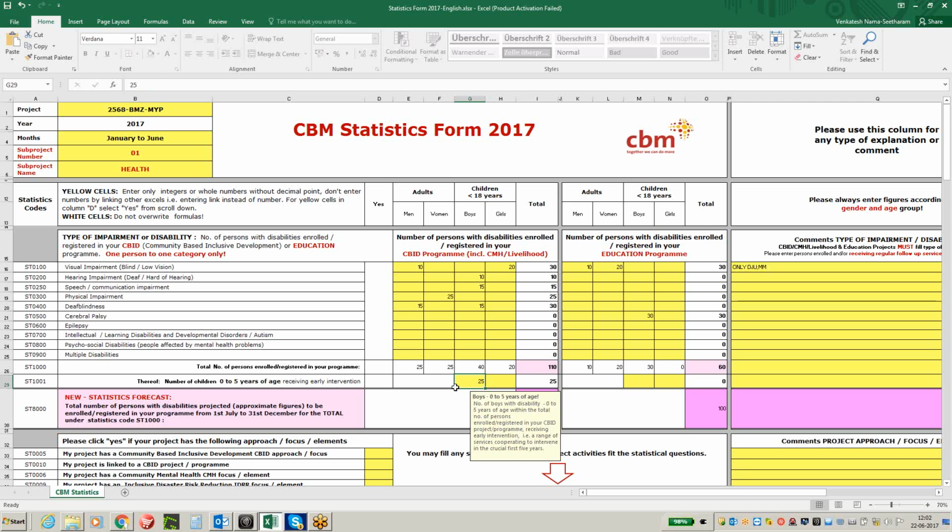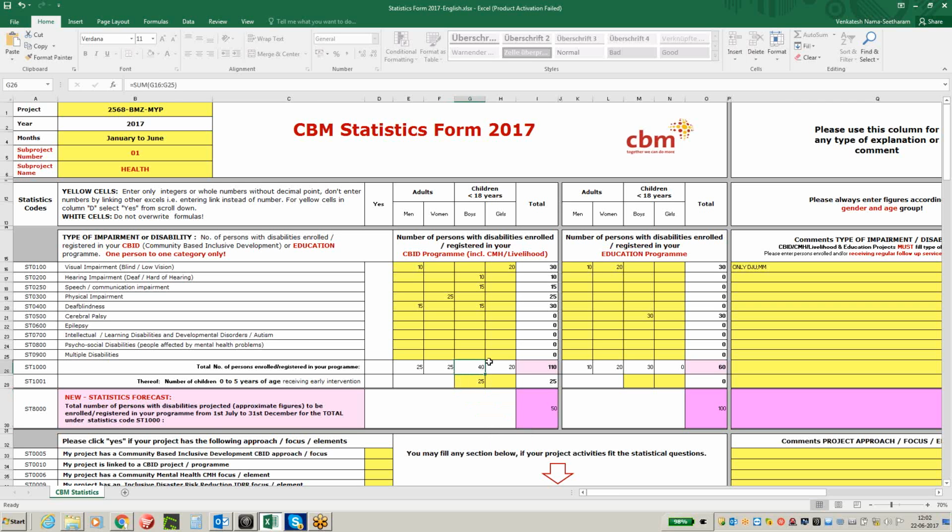In that 40 boys, how many are between 0 and 5? There might be 15 numbers or 25 numbers or whatever may be the case. But they should not say there are 60 boys who are 0 to 5 of the age, but the total enrollment is only 40. You get my point? So the 25 comes from the numbers above, and it's irrespective of any of the impairment. This is the total number of boys.